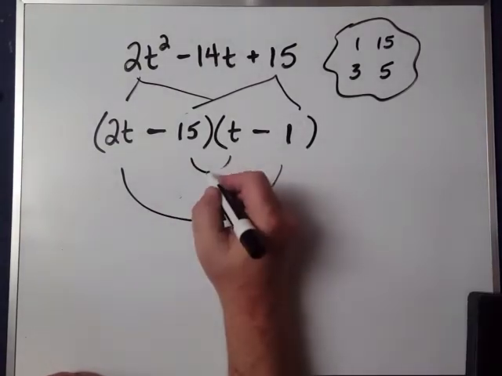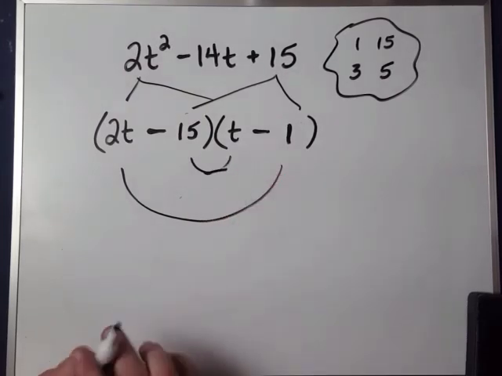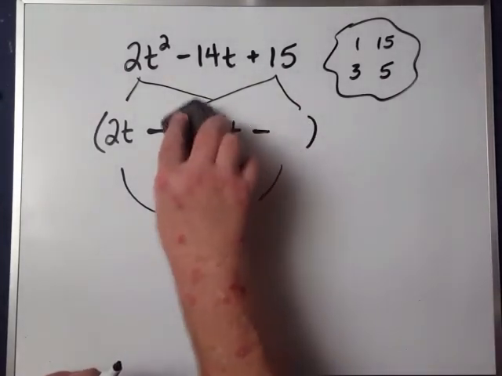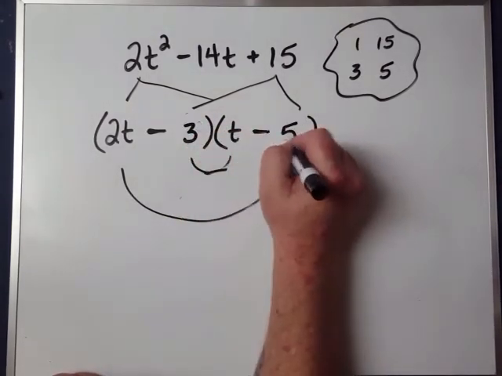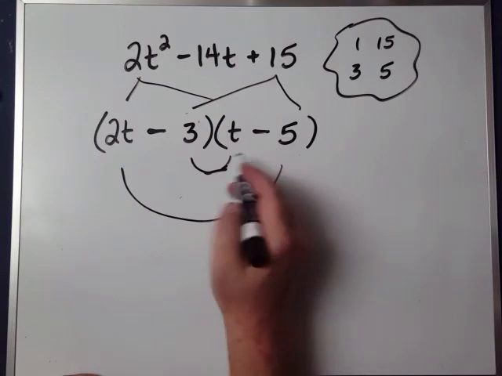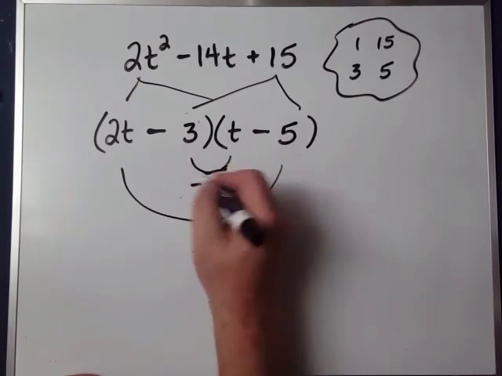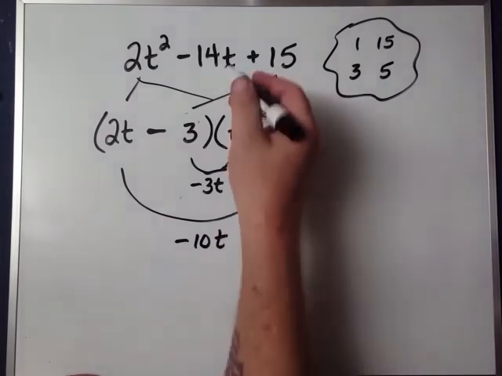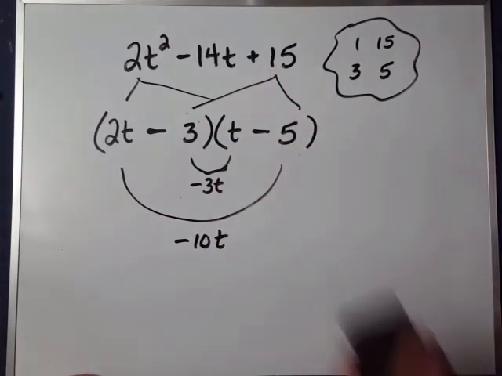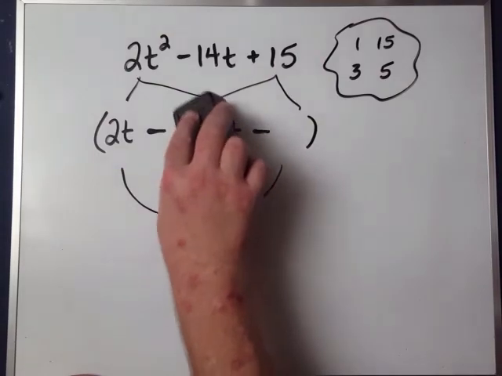So at some point we also tried the 3 and the 5. And we checked. It gave me a negative 3t on the inside and a minus 10t on the outside. That adds up to negative 13t.